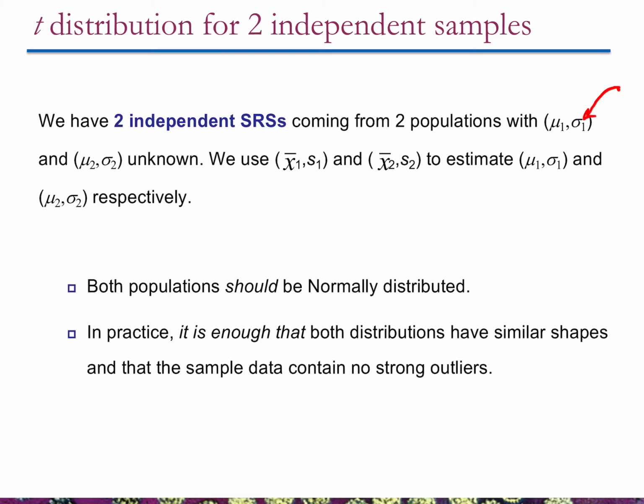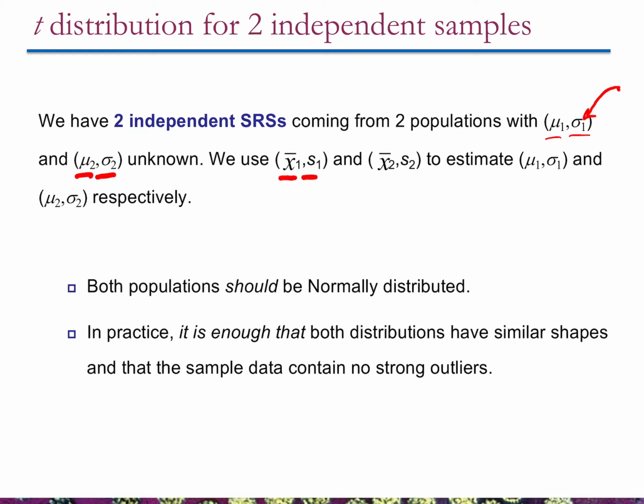So let's say we have two populations, and one population is characterized by mean 1 and standard deviation 1, and the other population is characterized by mean 2 and standard deviation 2. And we don't know any of these numbers.